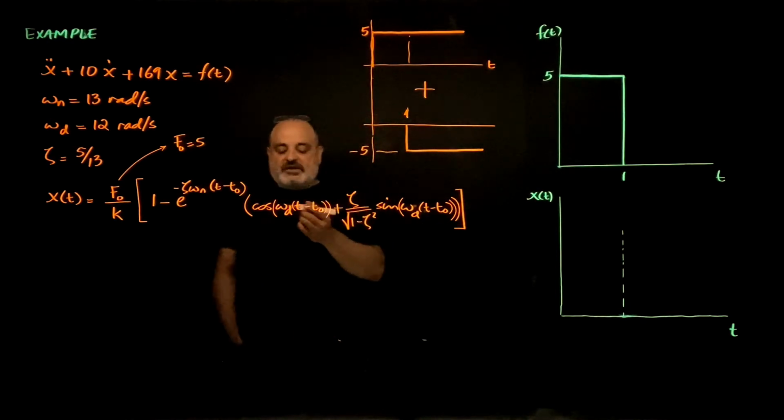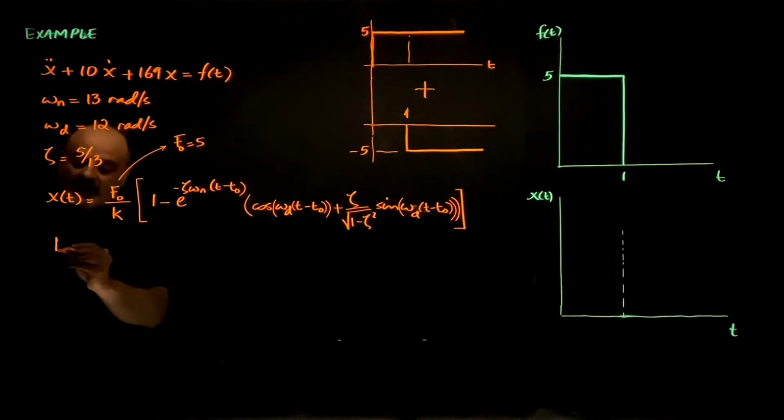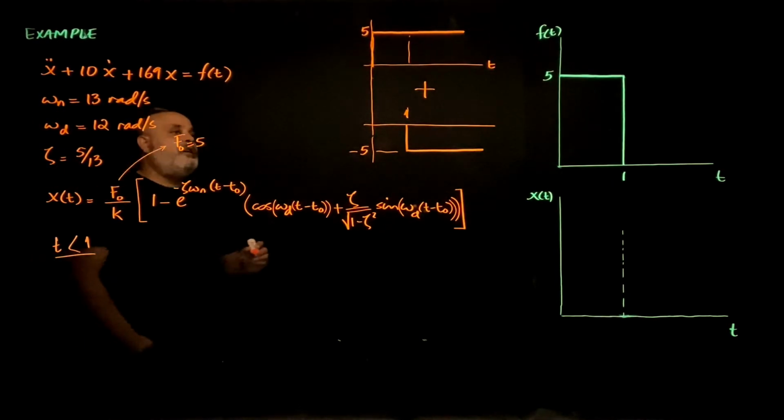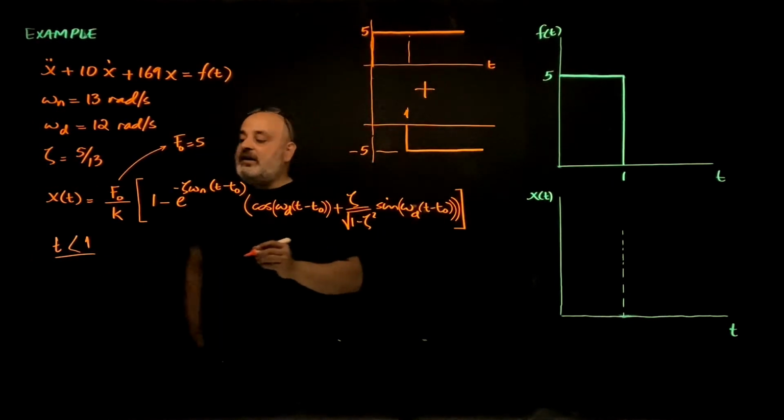So for time t less than 1 second, I only have one input, which is 5.